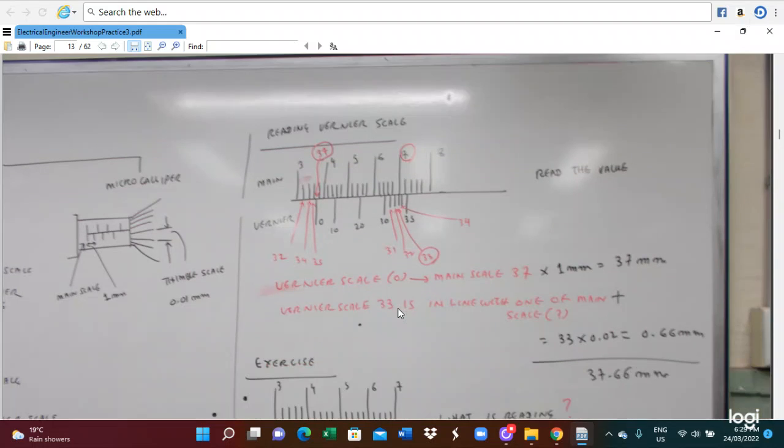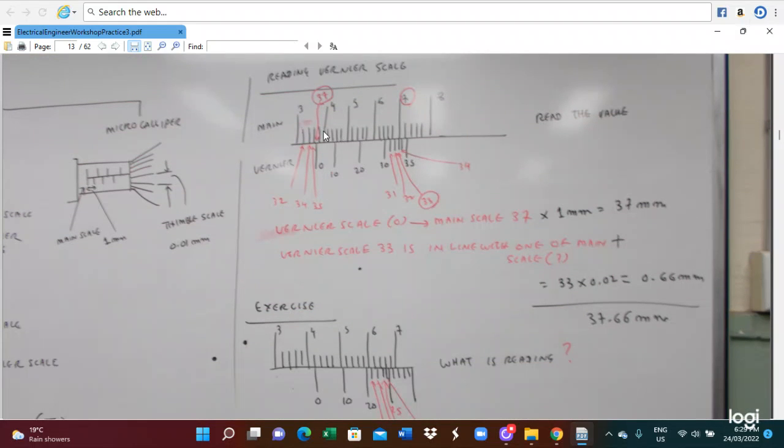So for example, take this problem here. In this case, the vernier scale 0 indicates a main scale value of 37, multiplied by 1 millimeter, so 37 millimeter. And then the vernier scale value 33 is exactly in line with the main scale.